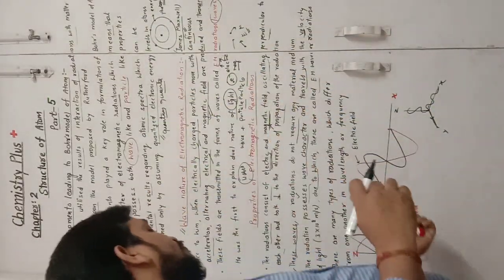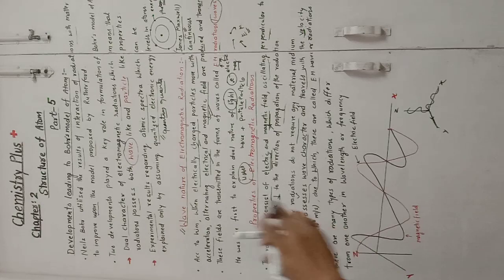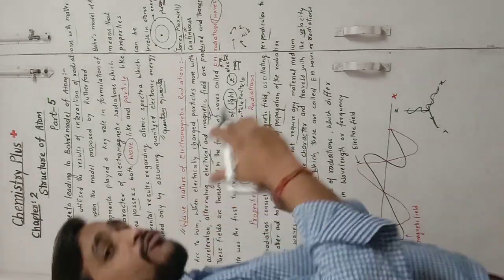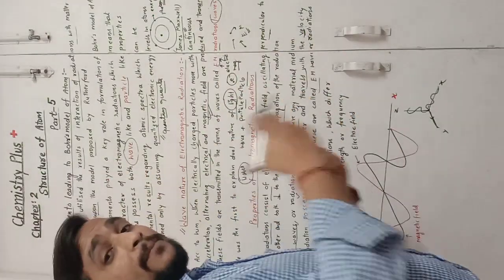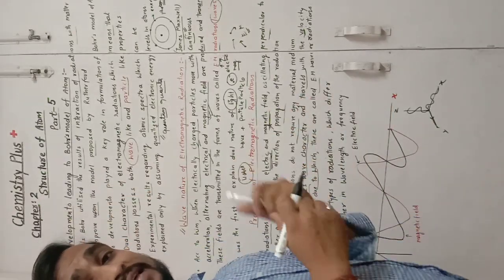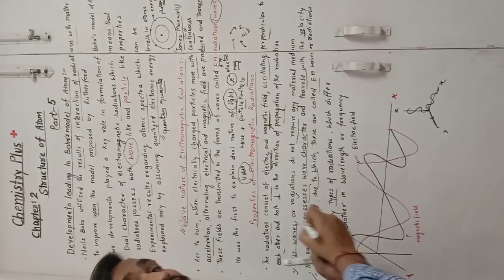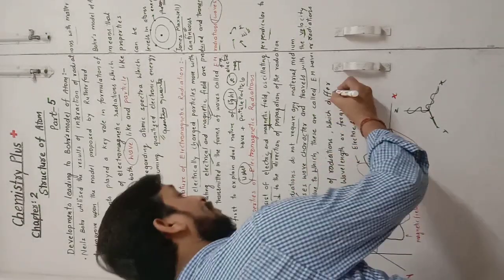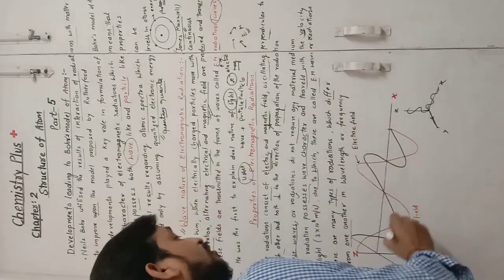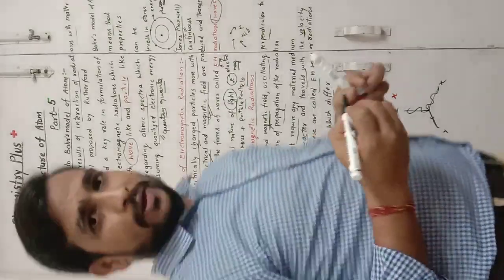And as we know, whenever waves are produced, they can be characterized by their wavelength as well as their frequency. So the waves or radiations are of various types, which differ from one another in wavelength as well as frequency.